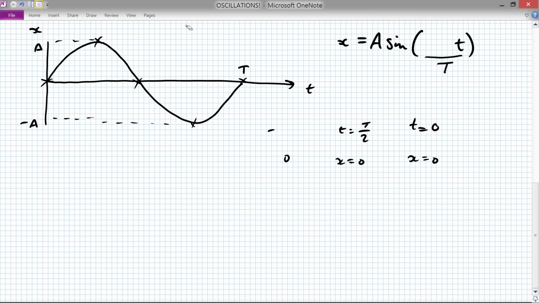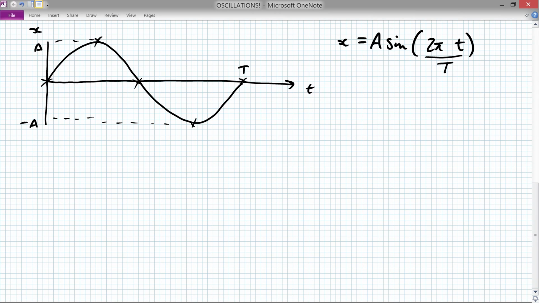And the way we do that is by simply inserting a constant into my argument, and that constant is 2 pi. Now I'll let you play around with that, but you can see now that when t is equal to 0, this argument goes to 0, and therefore x is nothing. Sine of nothing is nothing.